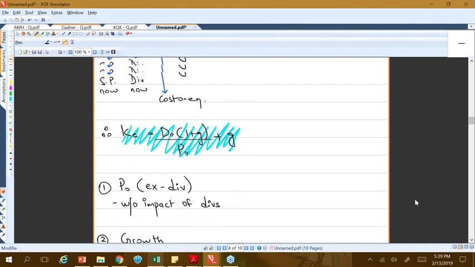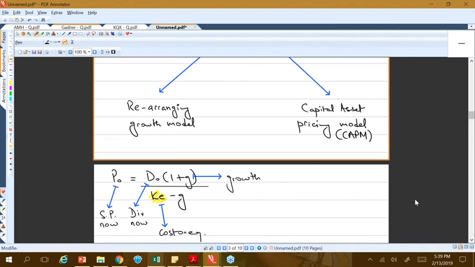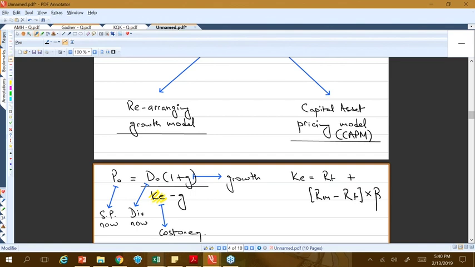Now, the other way of working out the cost of equity is to use the CAPM. And CAPM says that KE is equal to RF plus (RM minus RF) times beta equity.